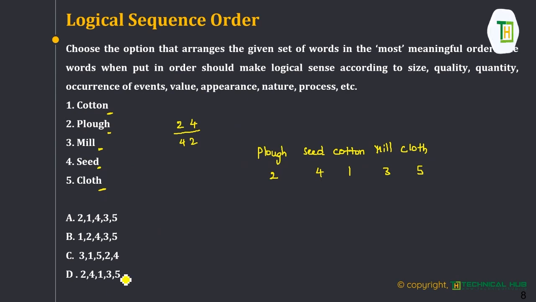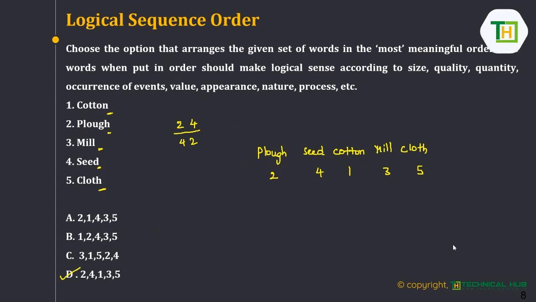So it is 2-4-1-3-5. That is correct. So you have to send the cotton to the mill, and in that we'll get the cloth out. 2-4-1-3-5. 2-4 is the correct answer. Yes, 2-4 is the correct order.